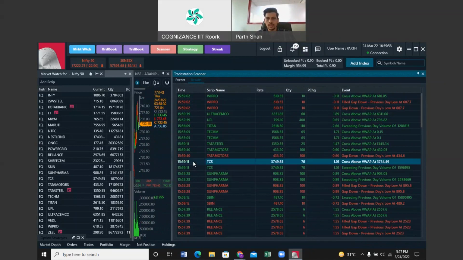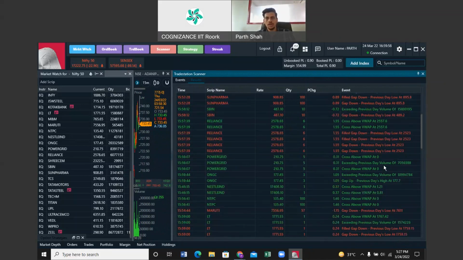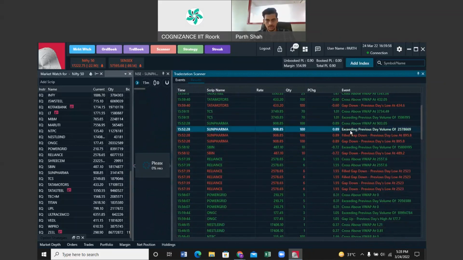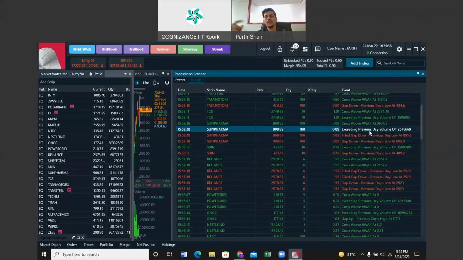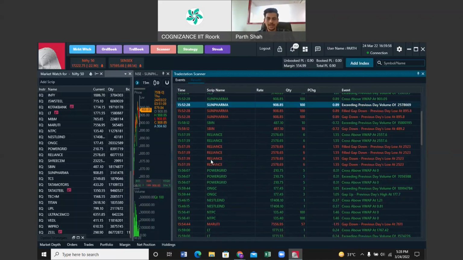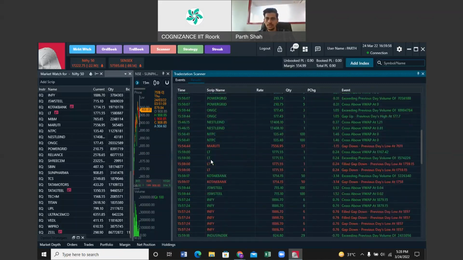On 15:59, 11 seconds, TCS has crossed weighted average price at 3734. Or here, Sun Pharma has already exceeded the previous day volume at this particular point in time. And similarly, Reliance has made a gap down below previous day's low at 2523 rupees.